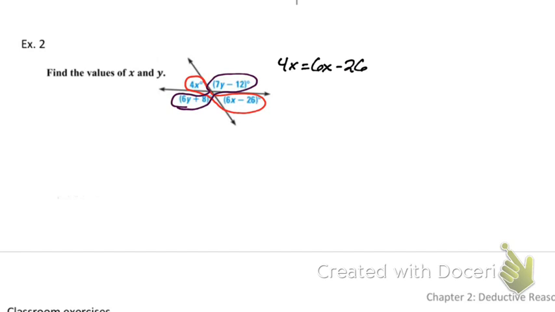We just add 26 to both sides, which gives 4x plus 26 equals 6x. I would subtract 4x, which would give me 26 equals 2x. We would divide both sides by 2, and we come up with x equals 13.